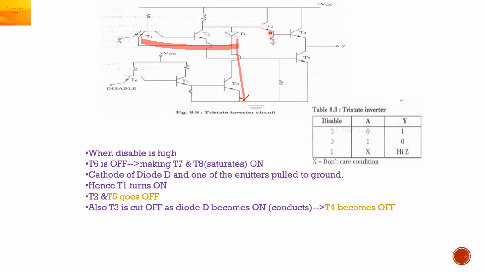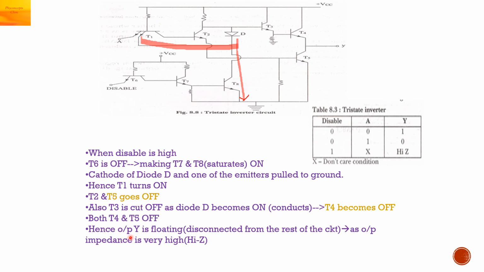So T3 will not conduct. T3 is therefore off. When T3 is off, T4 is also off. So both T4 and T5 are off. Hence the output Y is floating, that is disconnected from the rest of the circuit.